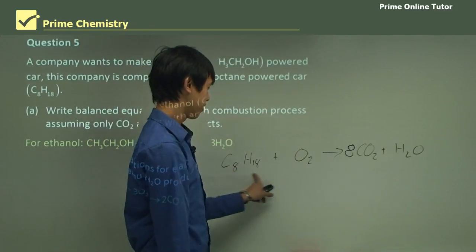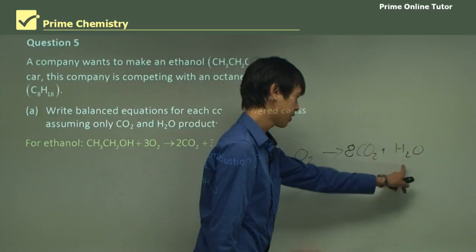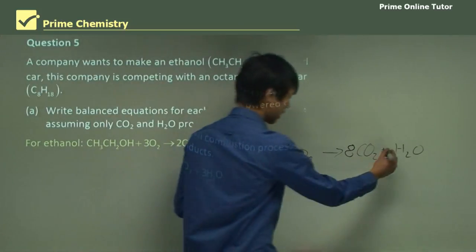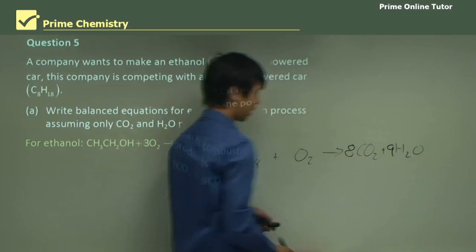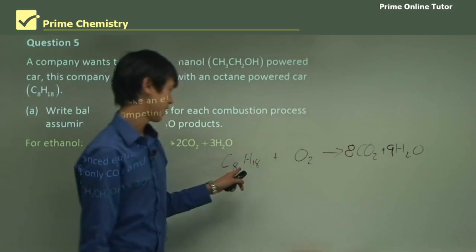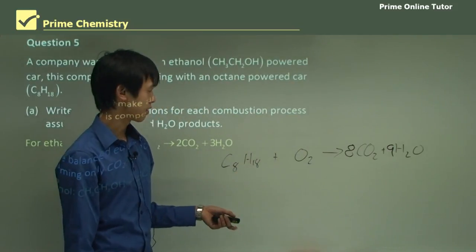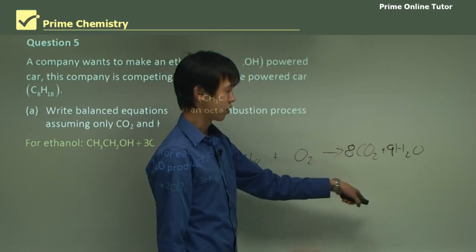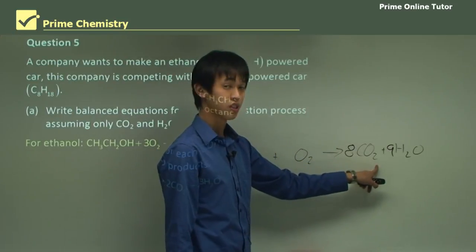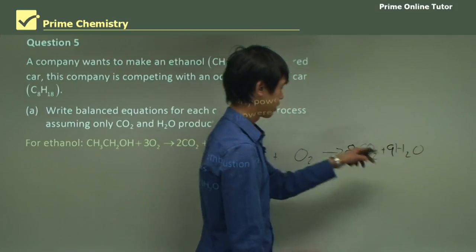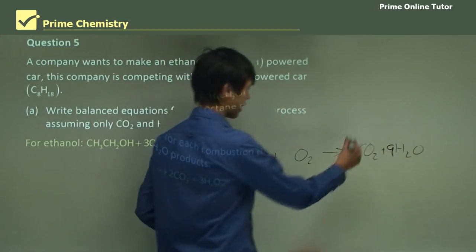So there's 18 on this side, and there's 2 on this side. So how many times does 2 go into 18? It goes in 9 times. And so now we have 18 here, 9 times 2, and 18 here. Okay, balanced. So what we're left with is the oxygen. So we have 8 times 2, which is 16, 9 times 1, which is 9. So 16 plus 9 is 25.